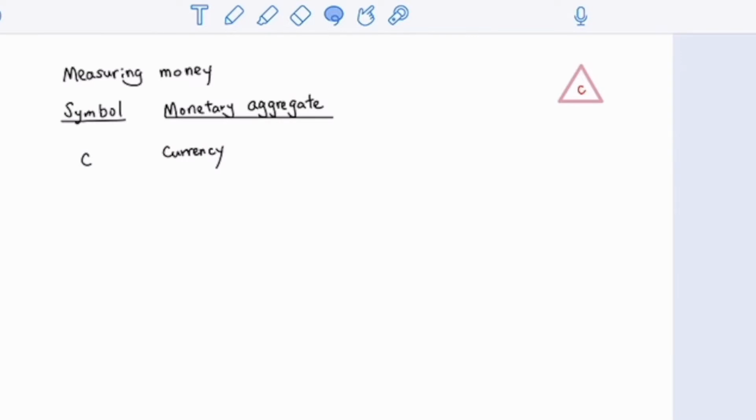Then we can include more items inside our measure of money, which can be the demand deposit or the checking deposit. We define the notation M1 as the adding up of the currency and the demand deposit.